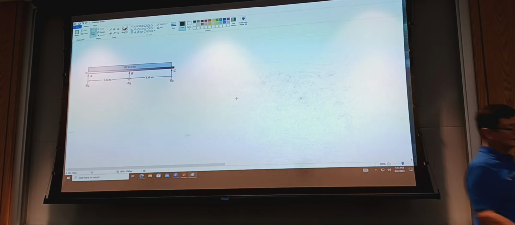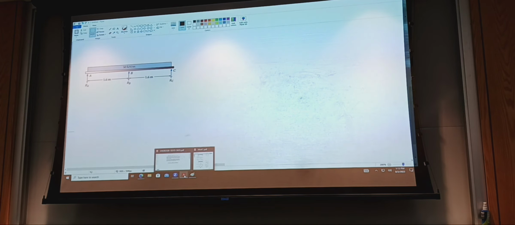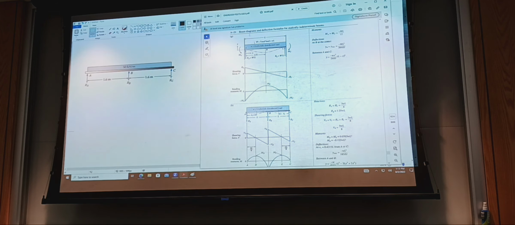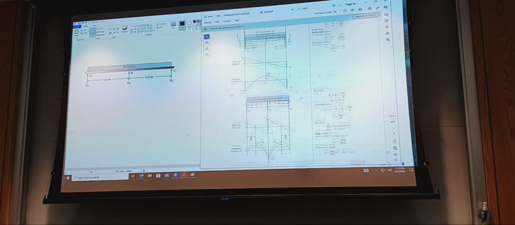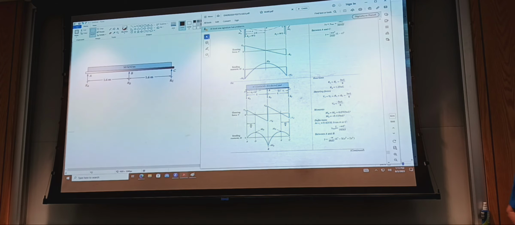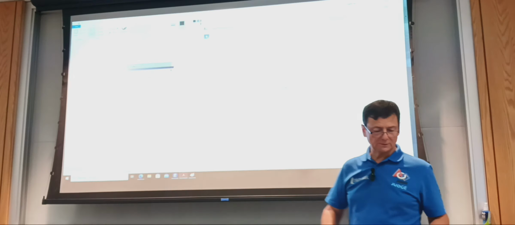That's the appendix scenario H. No, I'm sorry, not G, but rather H. So just distributed load and 3 supports.